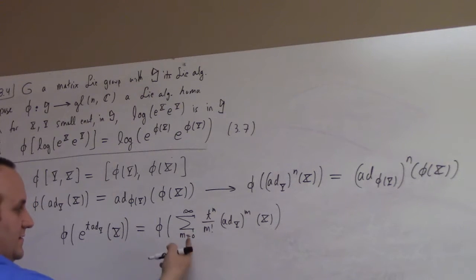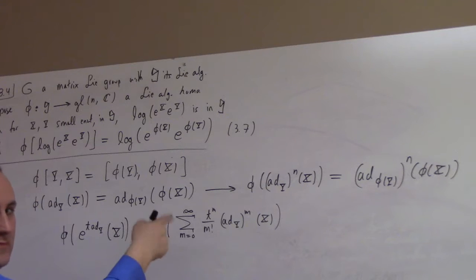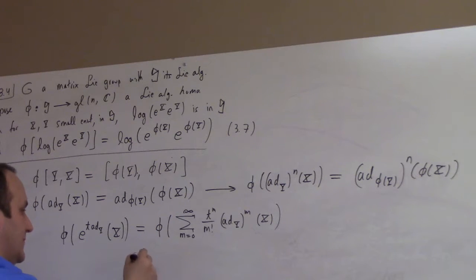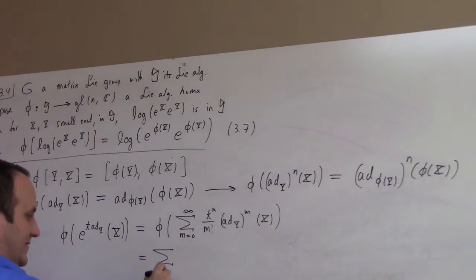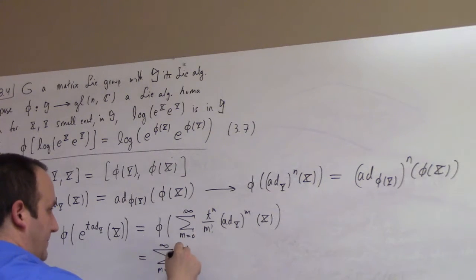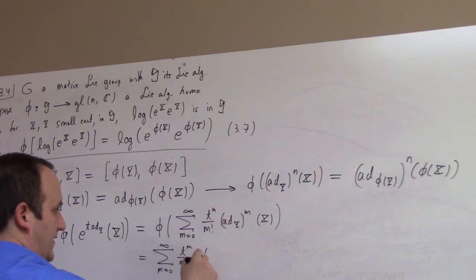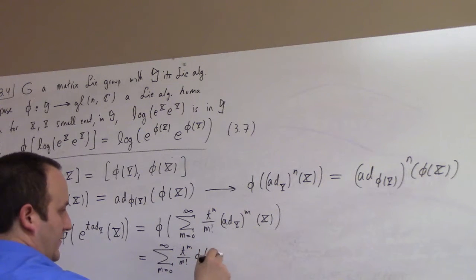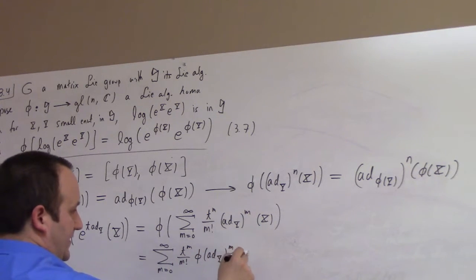But this is a homomorphism, so setting aside some analysis here perhaps, m equals 0 to infinity, t to the m over m factorial, phi of the adjoint of y to the m-fold power acting on x, right?